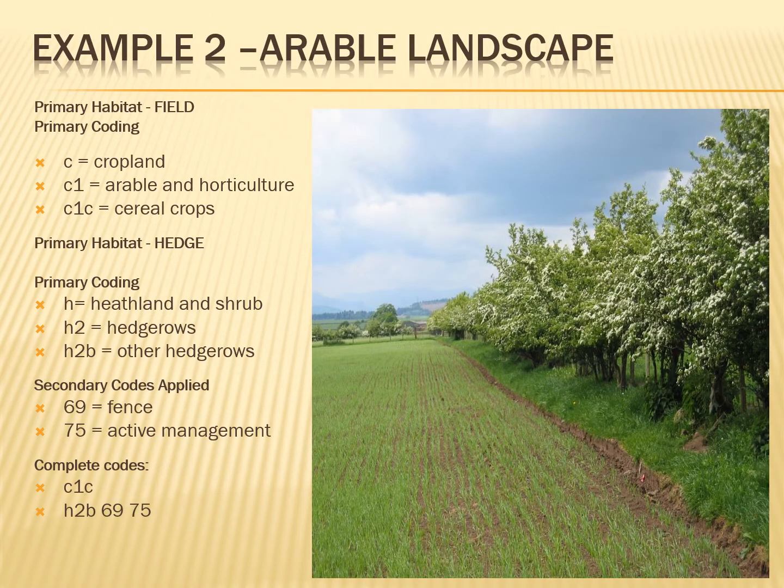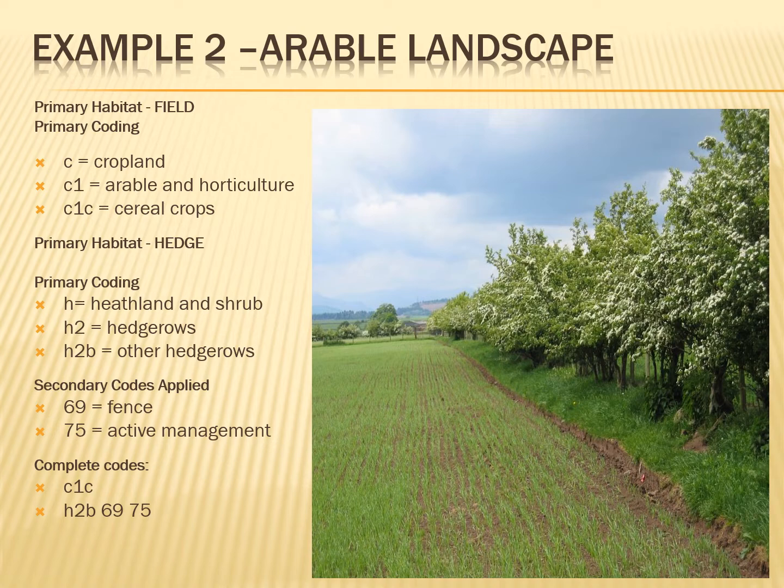Arable landscape. This is for cropland, so the primary habitat is the field, and the coding is C for cropland, C1 for arable and horticulture, C1C, cereal crops, and there's also a primary habitat, a hedgerow here, which is coded as H2, and then H2 for other hedgerows.